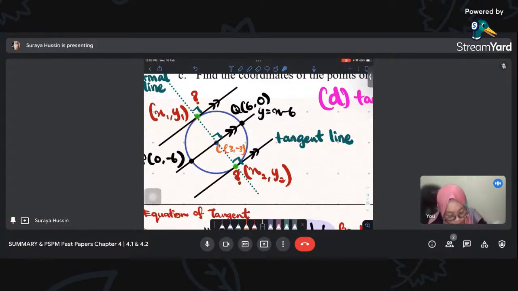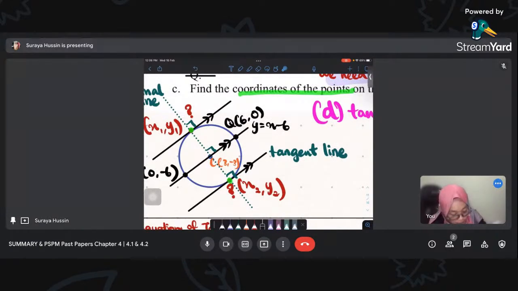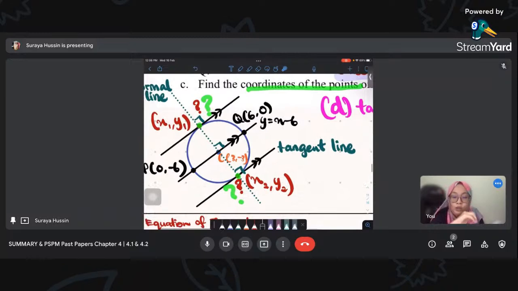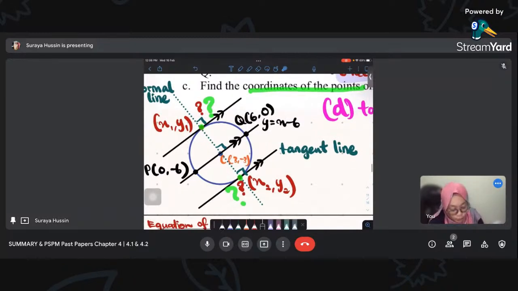This is the coordinates that we are trying to look at. Okay? We are trying to look for it. We are asking it, what is the coordinate over here? Dengan dah tahu ini tangent. Tinggal nak cari coordinate saja. Okay, kena faham masalah dulu. Kena faham problem dulu.